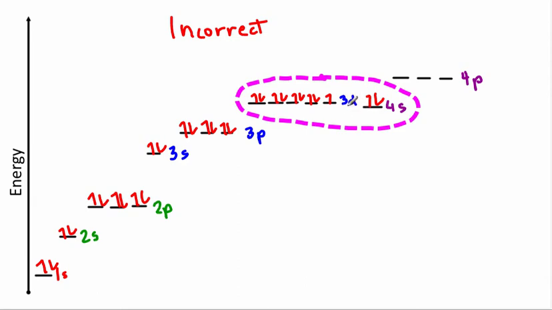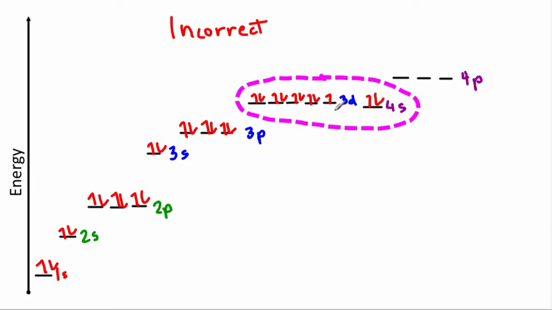When you compare the 3d, which has 5 degenerate orbitals, to the 4s, which only has one orbital, it's going to be a more energetically favorable situation for the 3d to be either halfway filled or completely filled. So either have 5 electrons or 10 electrons.